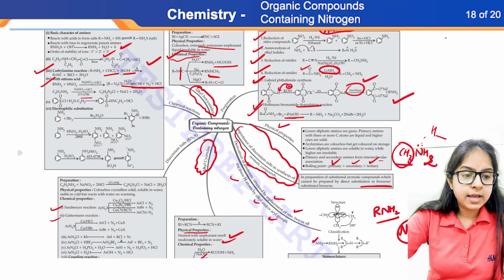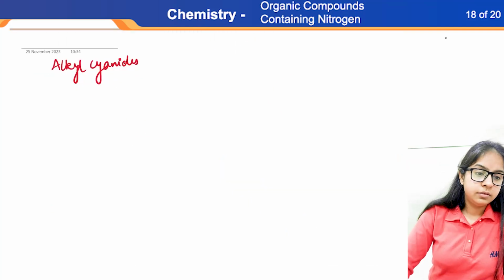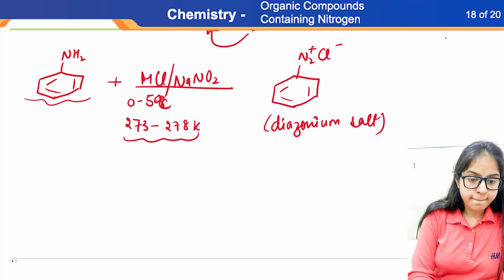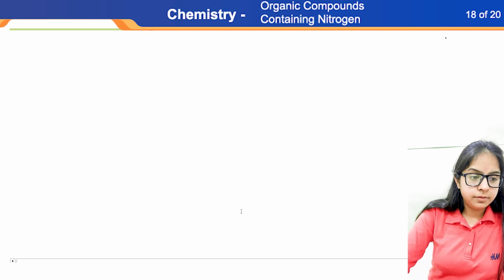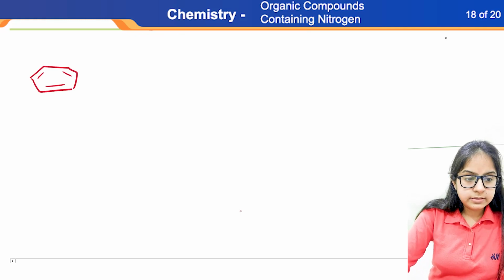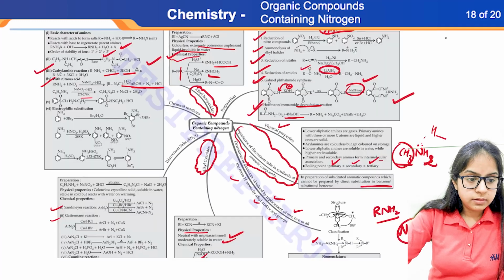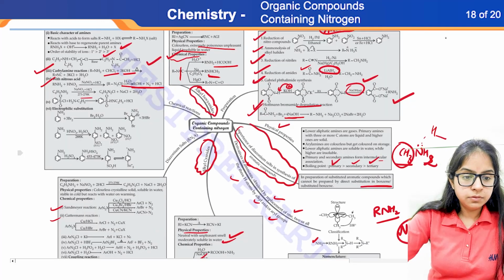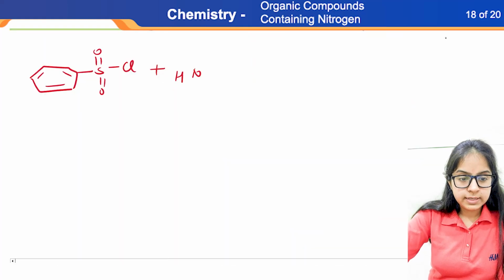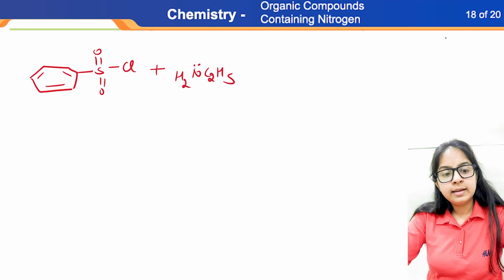This one is the next reaction. I am going to show you. This is SO2Cl plus this one, NH2C2H5. Now, where can the nitrogen lone pair attack?